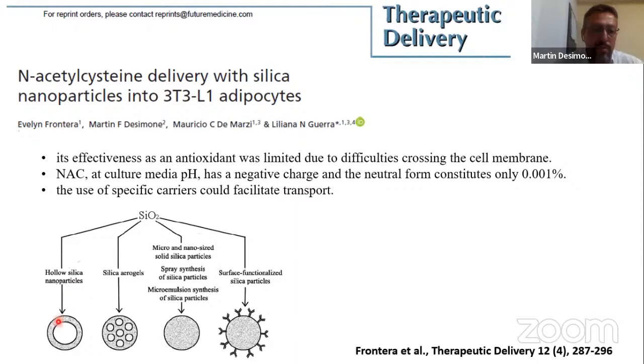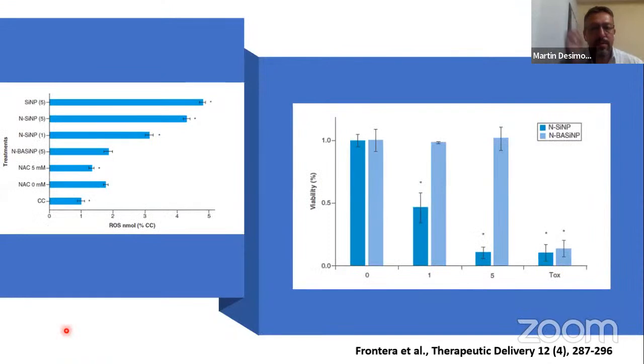So in this case, we prepare hollow silica nanoparticles like this one, because these particles can transport a big amount of these therapeutic molecules. What we observe is that these nanoparticles with the N-acetylcysteine produce an effect on the proliferation of the cells, and this effect is dose dependent.